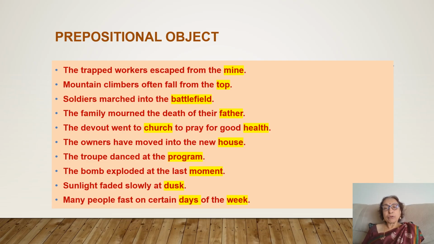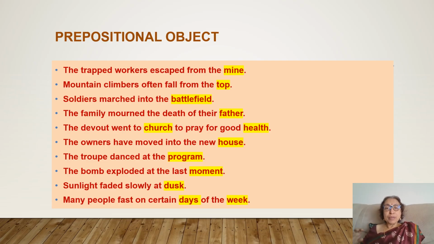But here that is not possible. The verb does not allow any noun immediately, so you use a preposition. This preposition helps to add the noun, helps to add that information to the sentence. It completes the sentence by adding extra information.